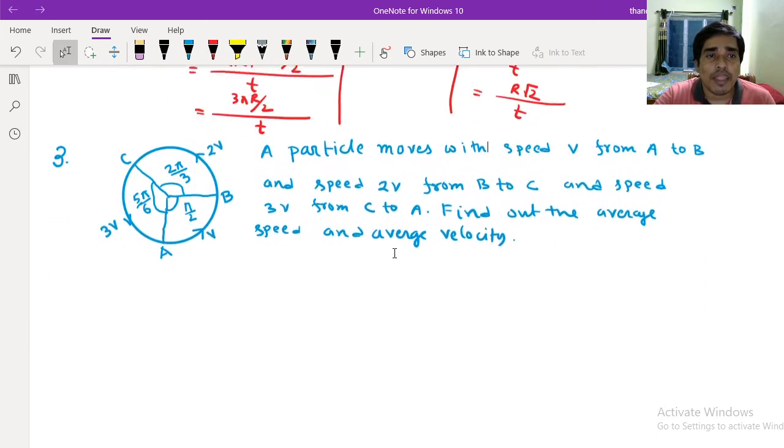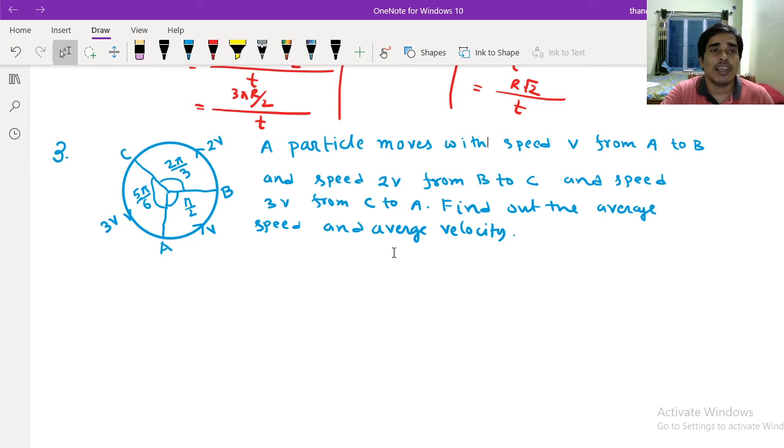Now in this case, number 3, a particle moves with speed v from A to B. This is a circular path. A to B with velocity v, B to C with velocity 2v, and C to A with velocity 3v. This angle is pi by 2, this angle is 2 pi by 3, and here it is 5 pi by 6.